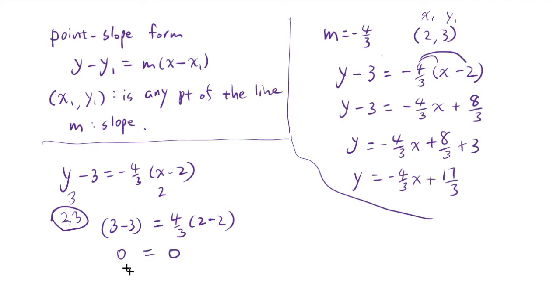So you get 0 for both left and right, so the equation does hold. Before, we weren't sure if the equation did hold, but after we plug in, we see that 0 is equal to 0. That's how you can verify that this equation we just wrote down does pass through 2, 3.